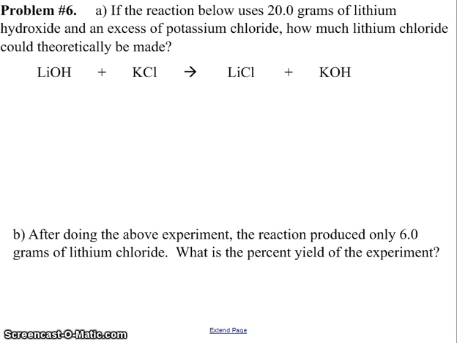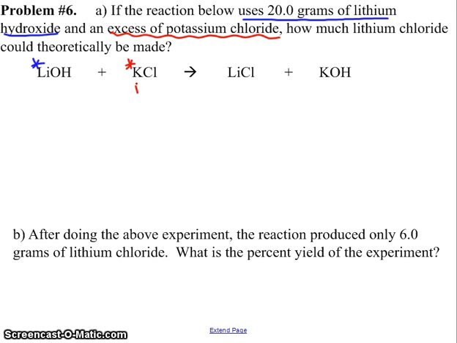So let's take a look at what this problem entails. It uses 20.0 grams of lithium hydroxide, that's this substance right here, and an excess of potassium chloride. Now when you see an excess of potassium chloride, that just means you have plenty of it and it's not going to run out.